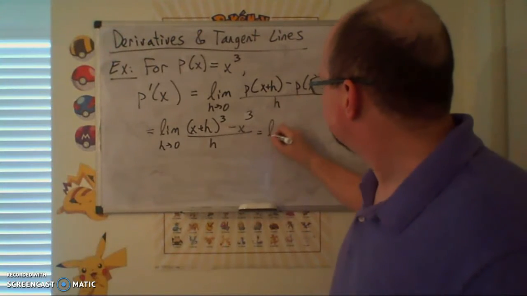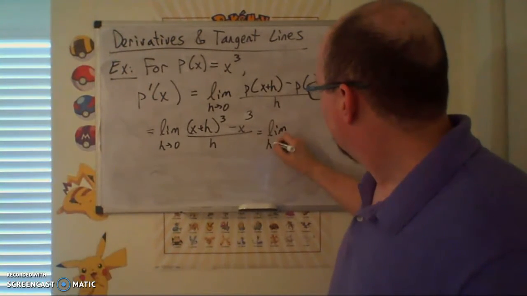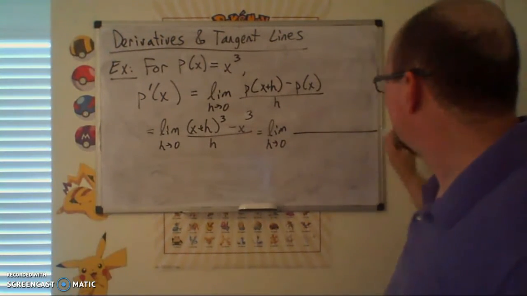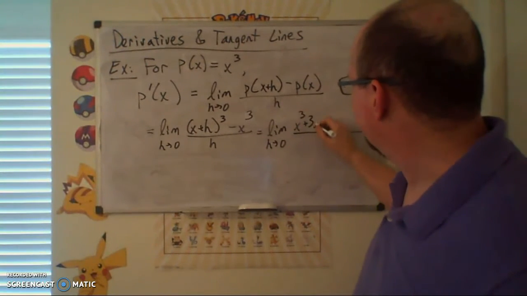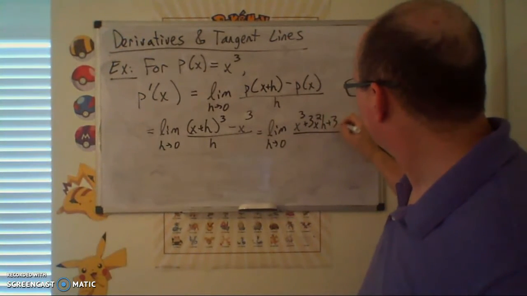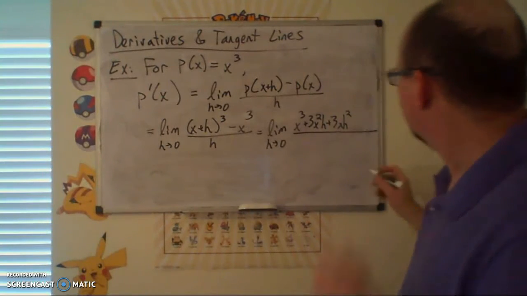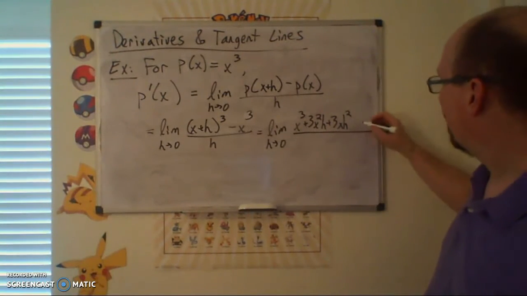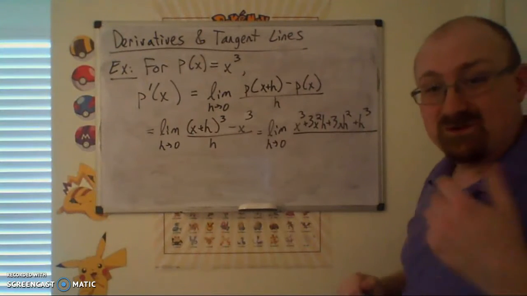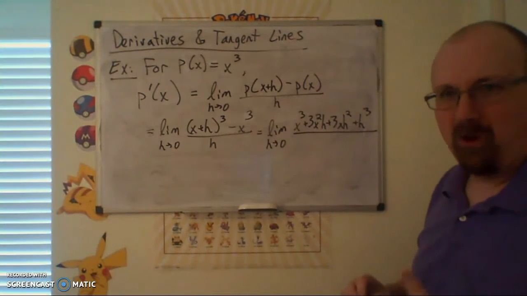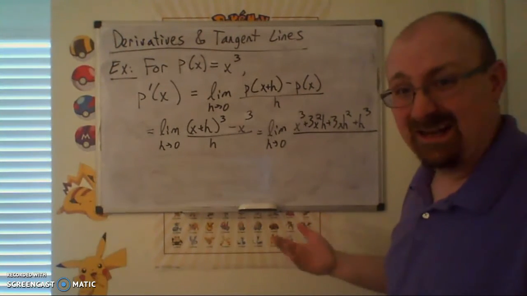In any case, however you get at it, here's what you should end up with. If I can fit it all. Yeah, I'm almost out of room here. I'm going to have to write kind of awkward. But that's what's going to happen if you hammer out all of the calculations, combine like terms and stuff.